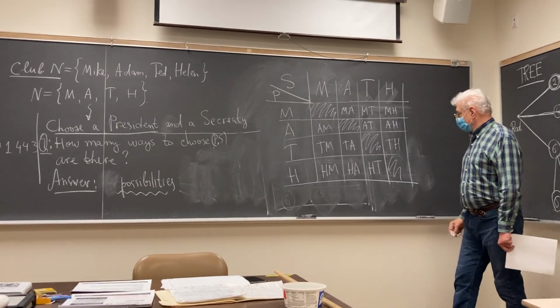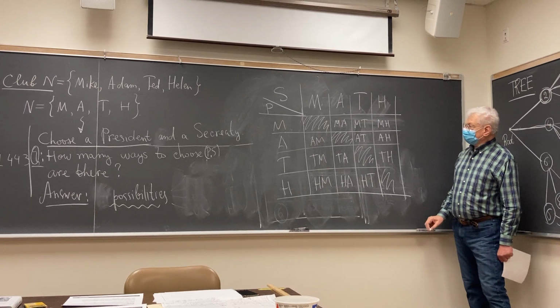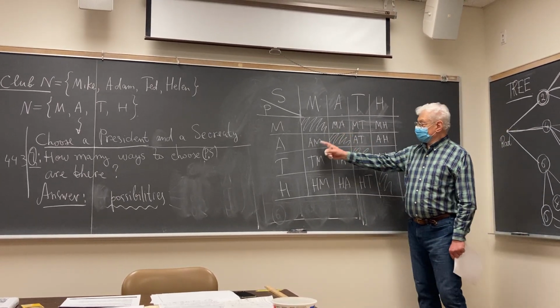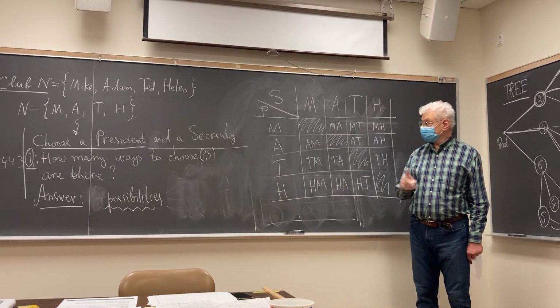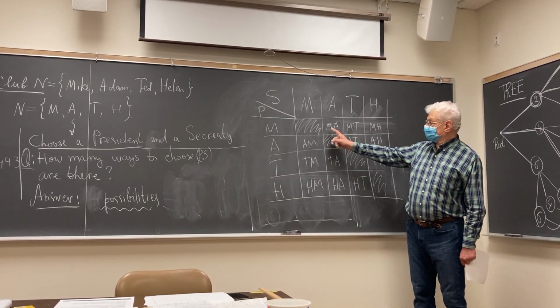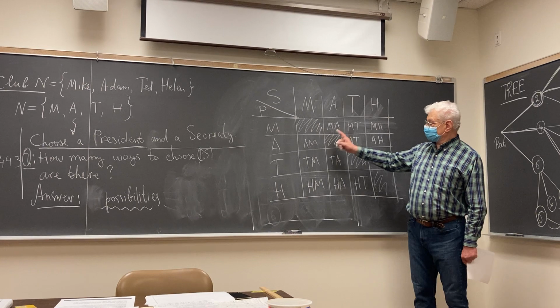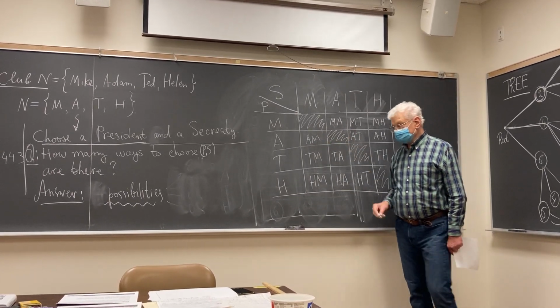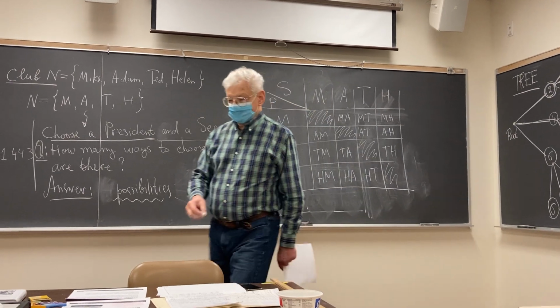So we consider all possible cases. So how many of them? Remember that MA and AM are different pairs, because here M is the president and A is the secretary, and in this one, A is the president and M is the secretary. You see, do you feel the difference? Okay.